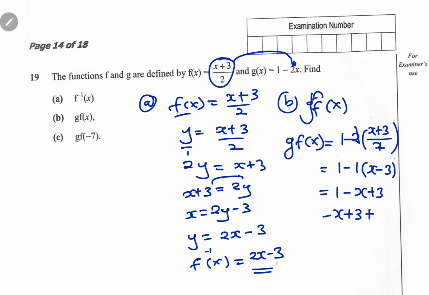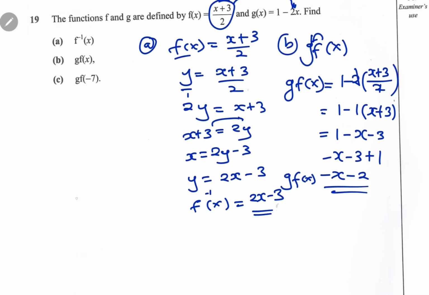Yeah, it's a plus. So this one is supposed to be plus 3, because it's positive here. So this is the 3 plus 1. So it's going to be negative x plus 4, and this is the answer, which is g of f of x.